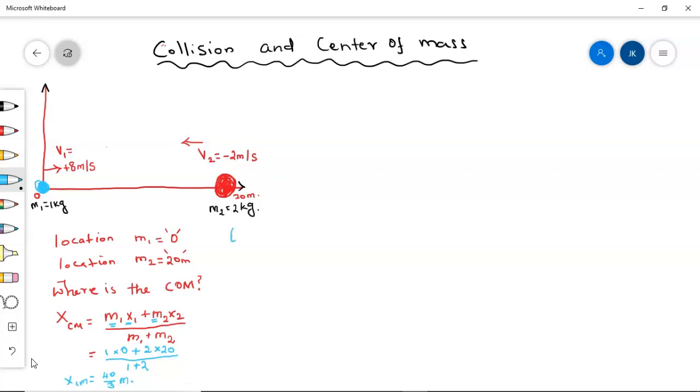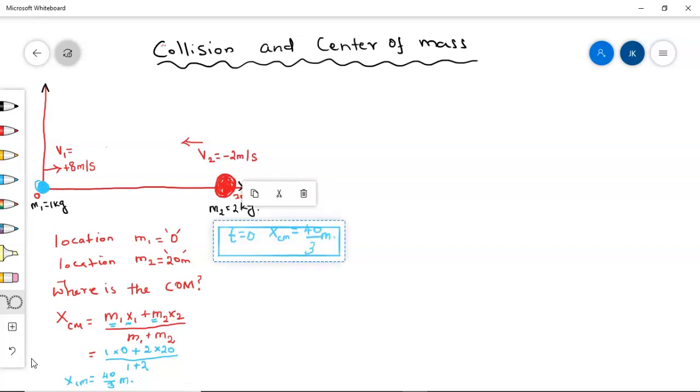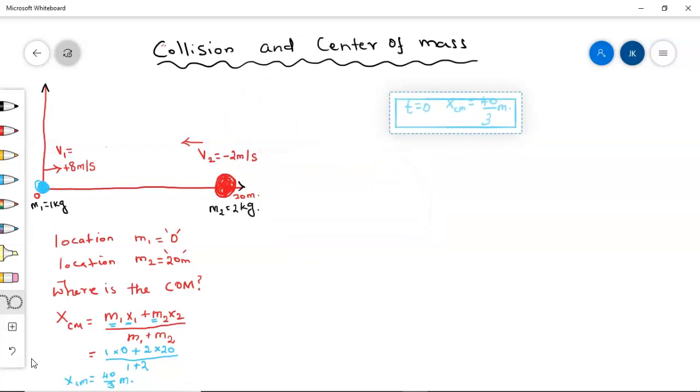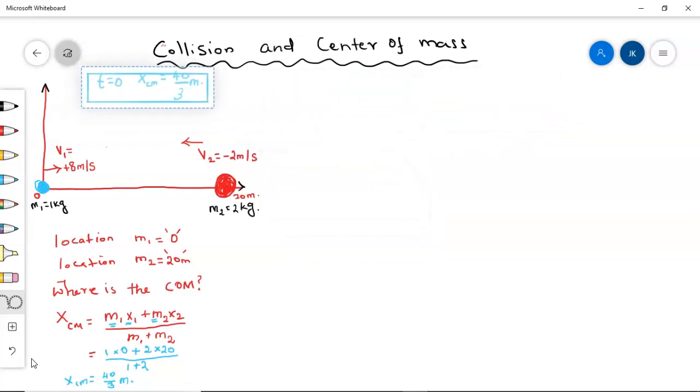So we can say at time t equal to 0, the center of mass on the x-axis is located exactly at this point, 40 divided by 3. I want to write this value because we need it for later, so I keep it here.